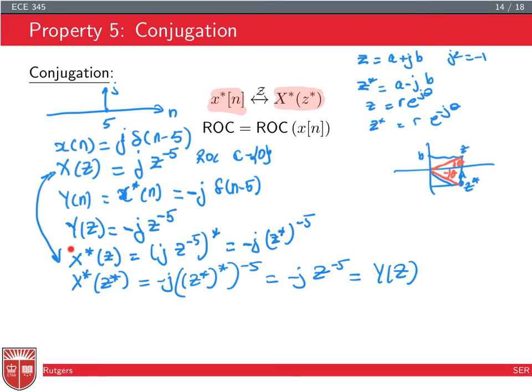Because if you take the conjugate of the signal, the constant here, which is the right thing to do, you're also going to take the conjugate of z, and this is why you have to calibrate that. You have to bring it back to z from z star. So this is why you evaluate it at z star, so z star star is equal to z. And the ROC remains the same.